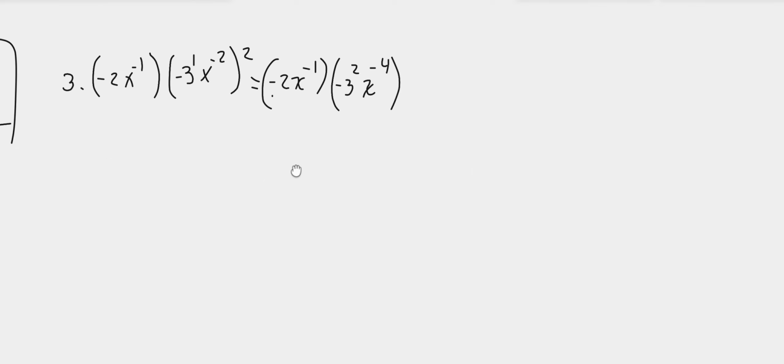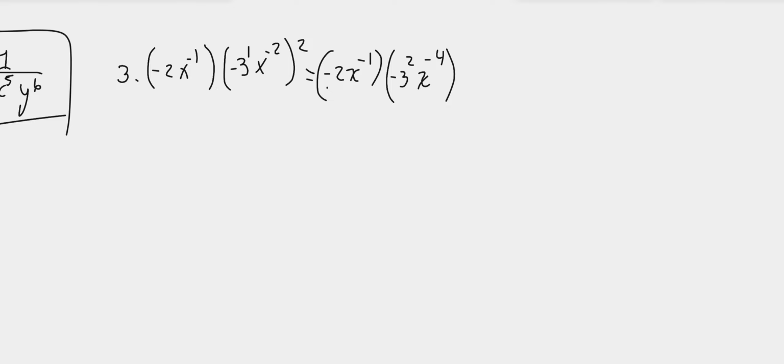Let me just move this here a little bit more. All right, so what do we have now? Well, we have negative 2 times x to the power of negative 1. And this is multiplying negative 3 to the power of 2. Now, this is where it gets a little bit confusing. Because negative 3 is not inside a parenthesis, we don't have something like this.